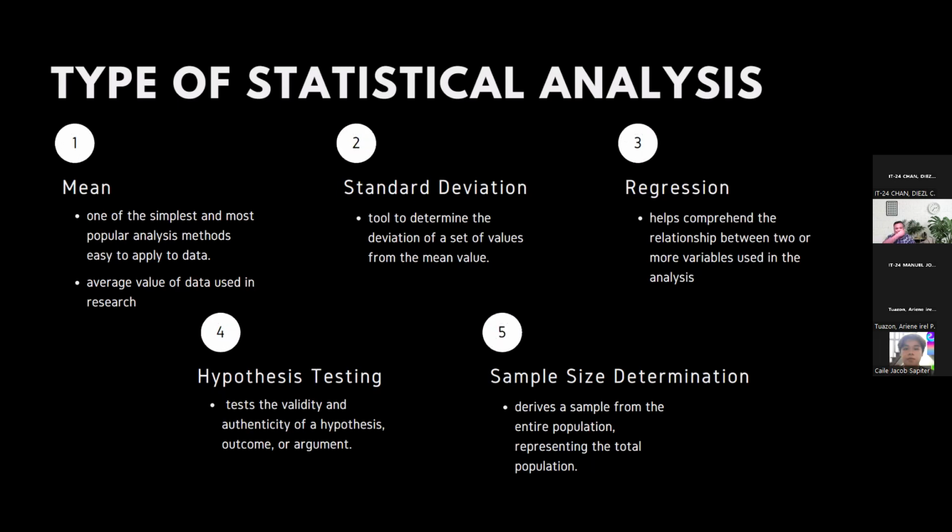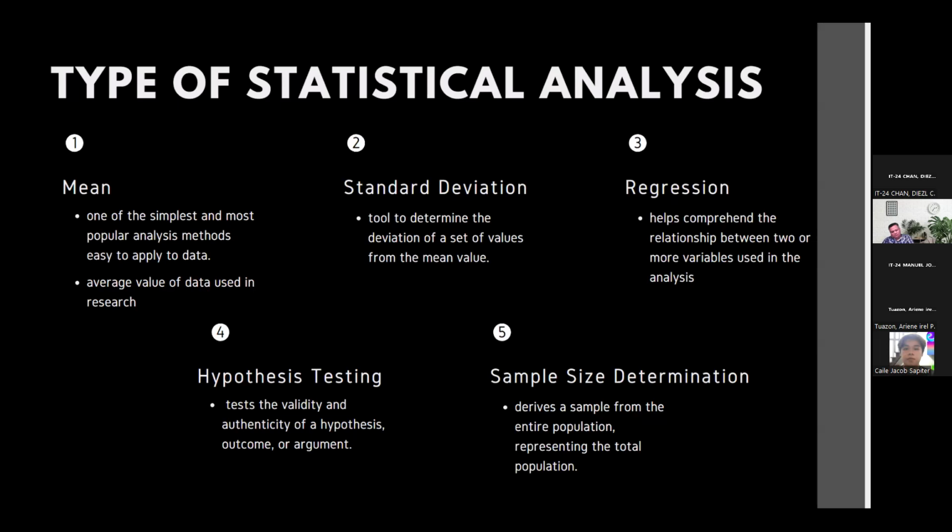Helps to comprehend the relationship between two or more variables used in the analysis. 4 is hypothesis testing. Test the validity and authenticity of a hypothesis outcome or argument. 5 is sample size determination. Derives a sample from the entire population representing the total population.